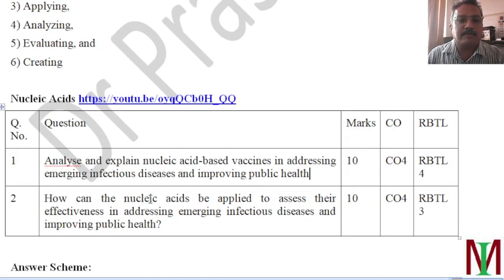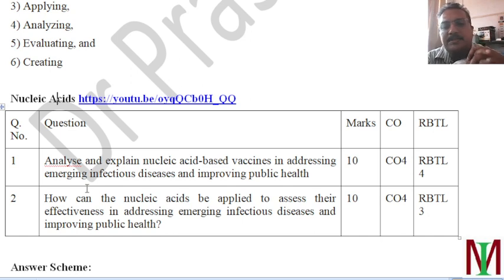Okay, so the first topic, that is the second topic actually, is nucleic acid. Actually, it is nucleic acid, DNA vaccines, RNA vaccines, like that. That particular class will go. So for nucleic acid, I mentioned two questions, a level 4 and a level 3 question.